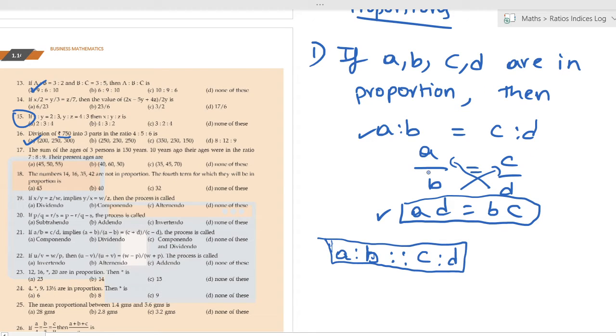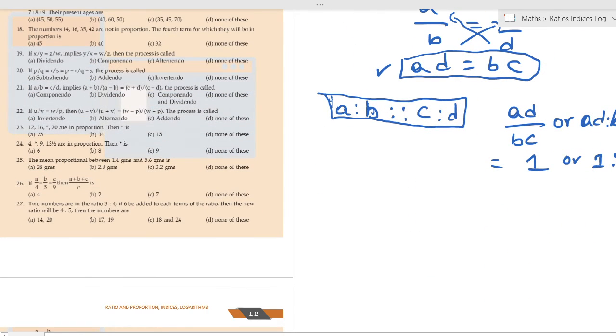So since AD is equal to BC, AD by BC or AD is to BC equals to 1 or 1 is to 1. So if they ask you AD by BC, it will be 1. AD is to BC is always 1 is to 1. So I think now you understood what is proportion. AD must be equal to BC.